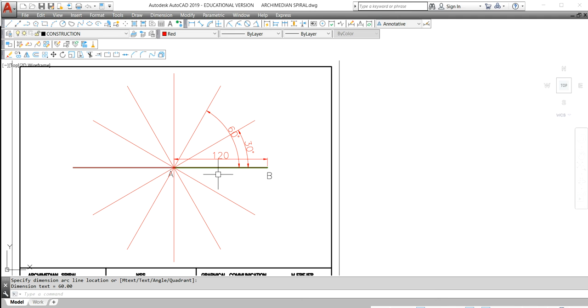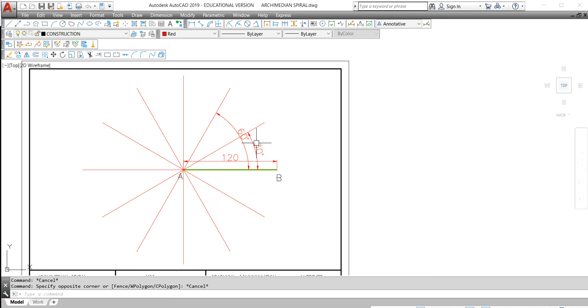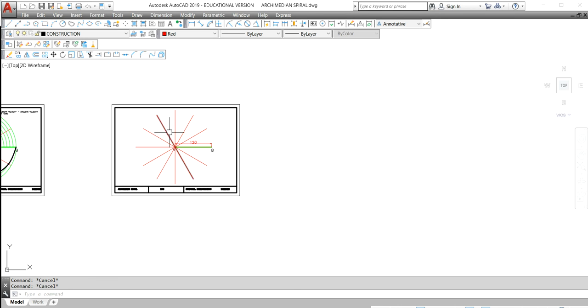Okay? So, if the Archimedean spiral starts from A and travels to B, the 12 divisions we need to place them at A. If the Archimedean spiral starts from B and ends at A, the 12 divisions we have to do them at point B. Okay? So, for now, always construction line. Next step.